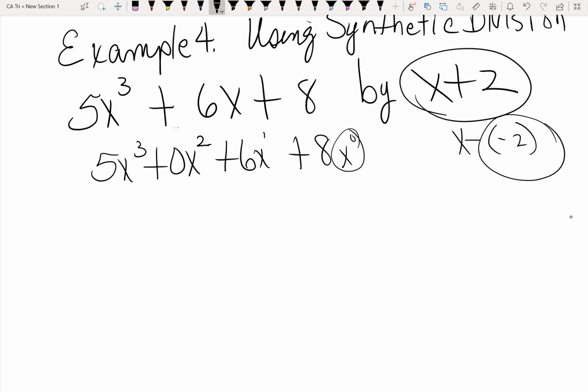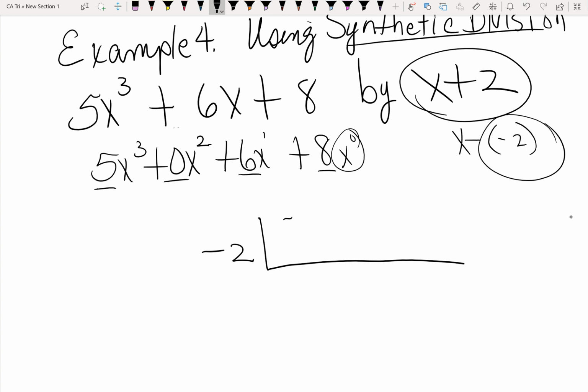And so how synthetic division works is we basically put the negative 2 here, and we draw an upside down division bar, right? And so we fill this in with each of these coefficients.